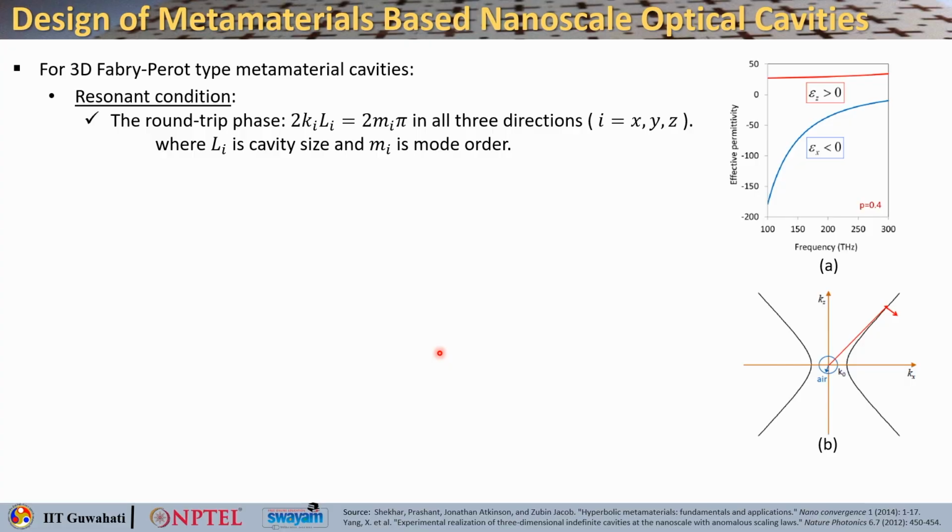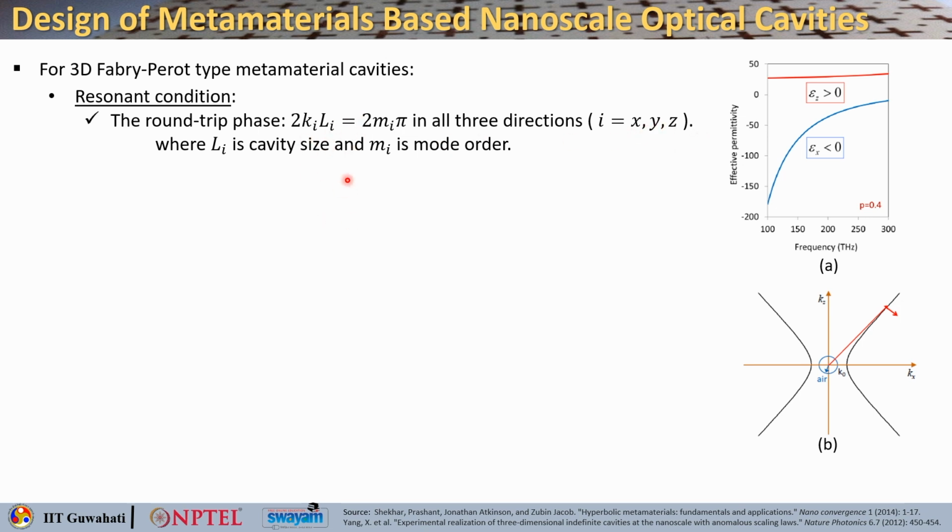Now, for the 3-dimensional Fabry-Perot type metamaterial cavity, the resonant condition is that the round trip phase, which is 2 ki li, should be equal to integral multiple of 2 pi, that is you can write as 2 mi pi, and that should happen in all the 3 directions. So, here i will be x, y and z.